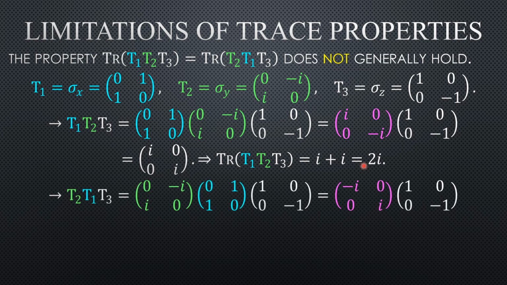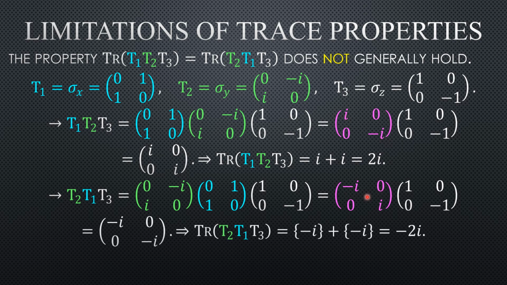Now, if we switch the location of T1 and T2, as we see color-coded here, switching green and blue respectively, we see that the purple matrix of their product is equal to negative I 0, 0 I. So the negative sign switches on these I's here. Multiplying this again with the sigma z matrix, or spin z matrix, leaves us with negatives on the main diagonal.